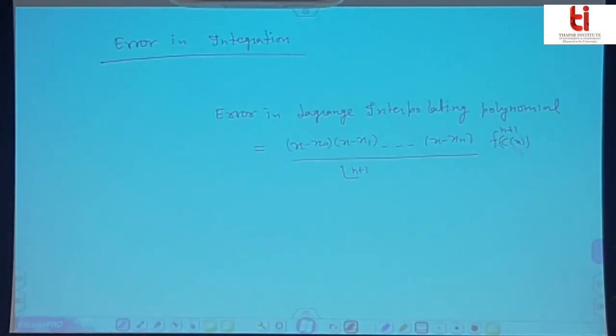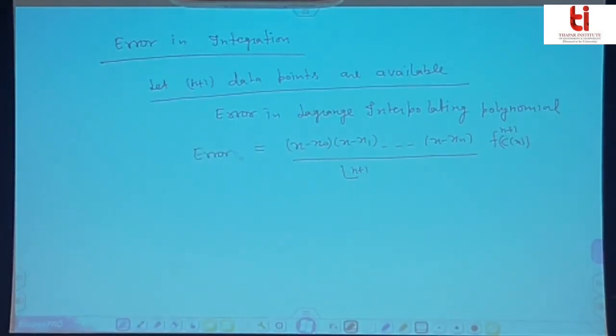Okay, n plus 1 data points are available. When these points are available, then we are getting the error formula in Lagrange.